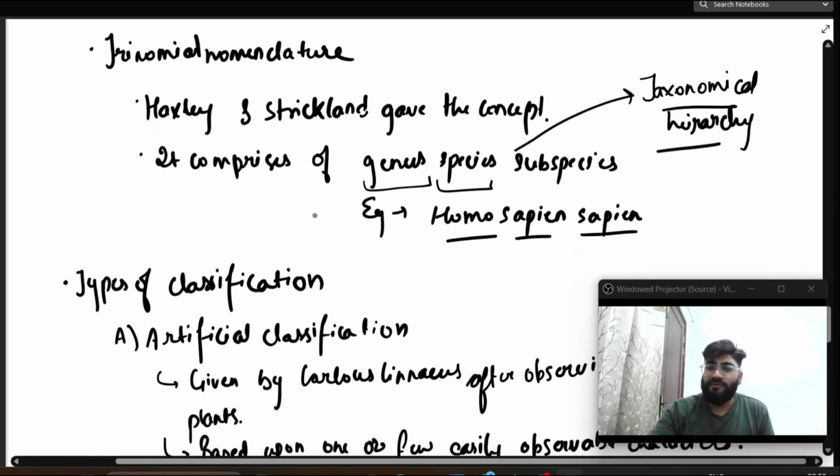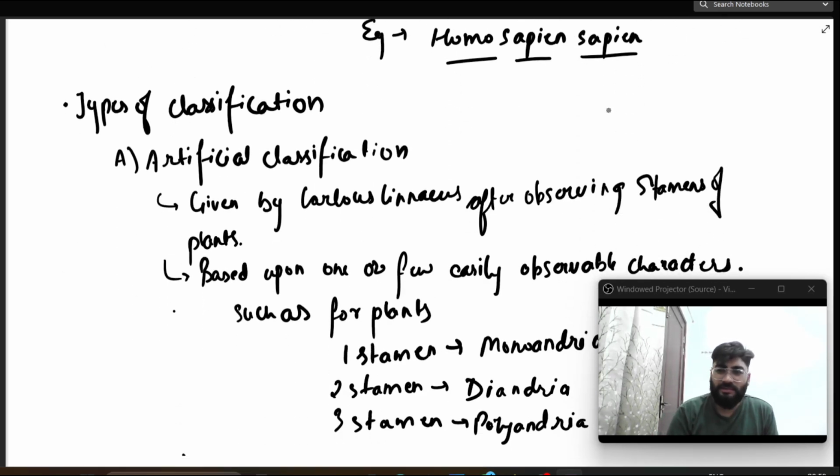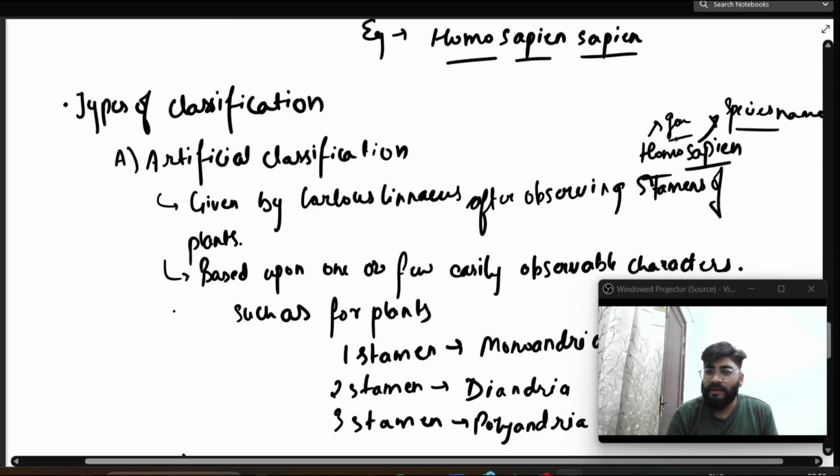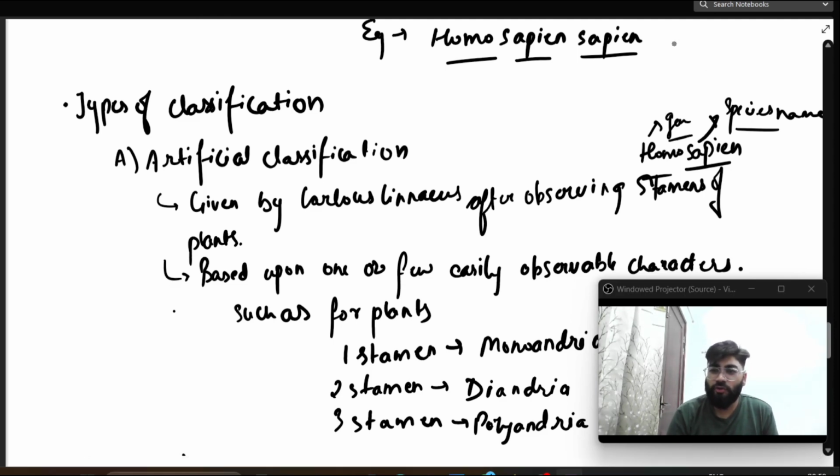It is different categories. Let's say we have an organism, Homo sapiens. Homo sapiens is the scientific name for us humans. So Homo is the genus name and sapiens is the specific epithet or the species name. These are the lower categories of the taxonomical hierarchy. We know humans come in the kingdom of animals, so the kingdom is Animalia.